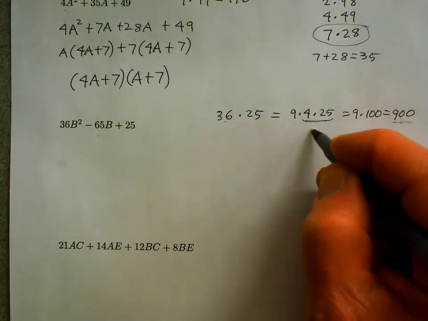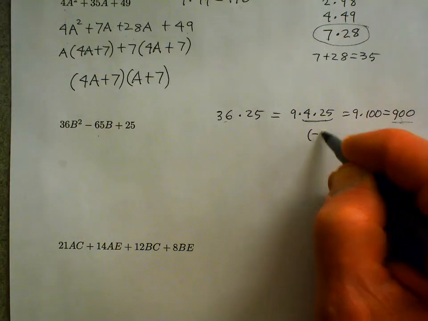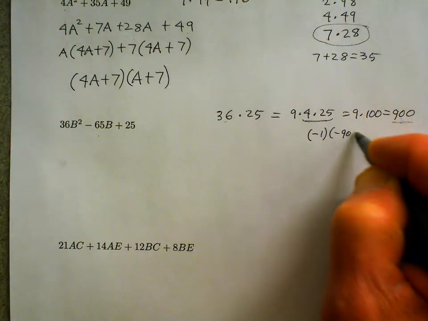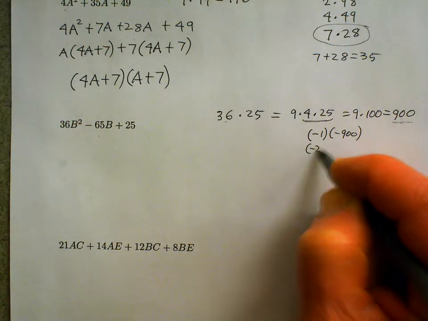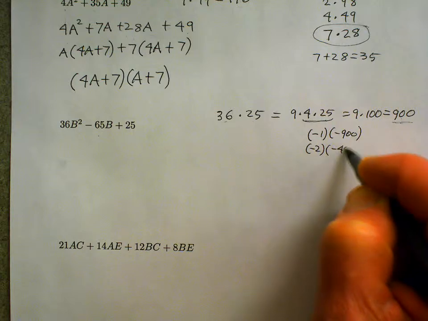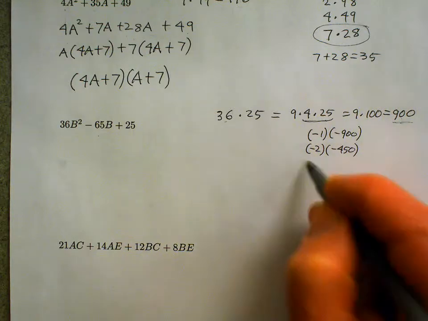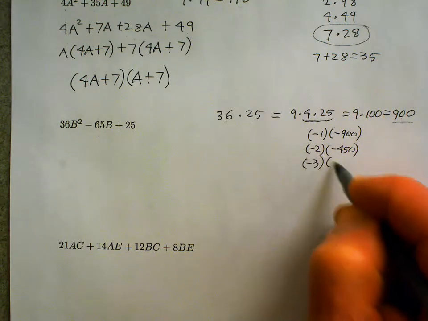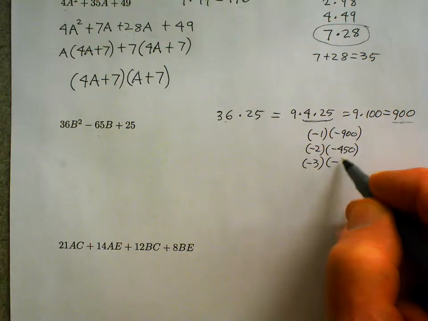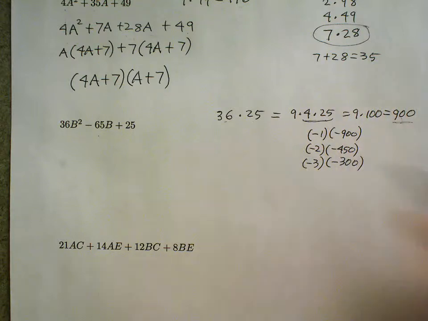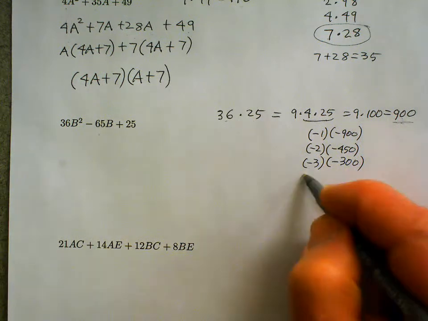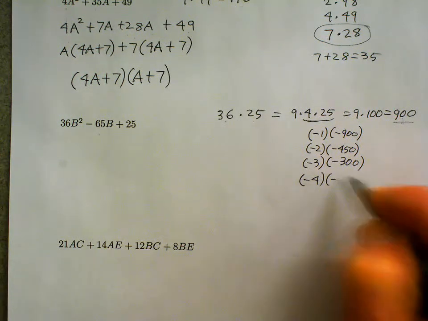So we start at the extremes, -1 times -900, then -2 times -450, -3 times -300, -4 times -225.